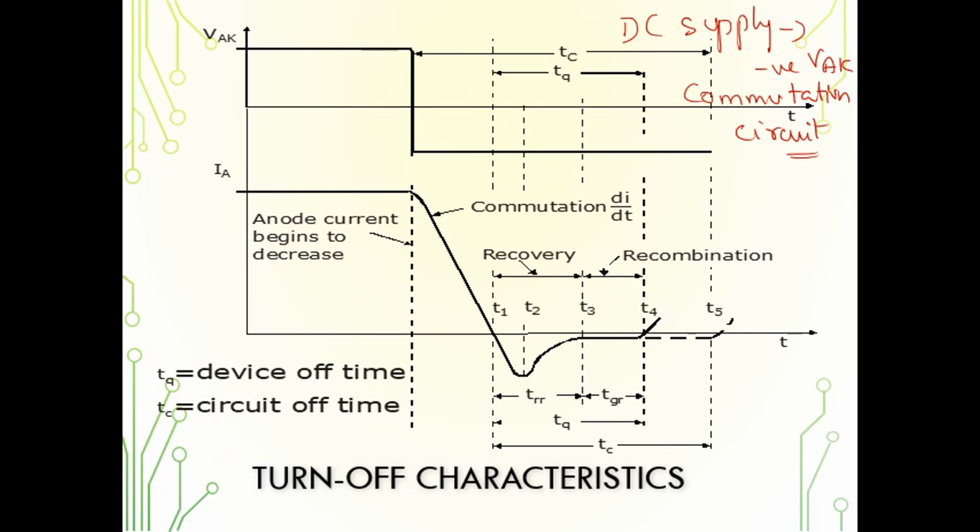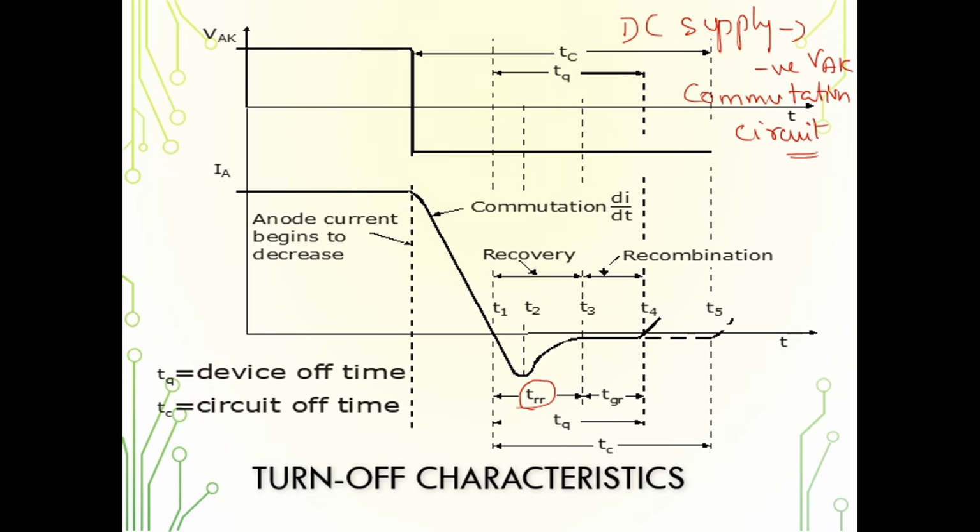The outer two junctions, J1 and J3, will exhibit the reverse recovery time, which is TRR. You can observe the recovery current is at its negative peak and slowly the current reduces to 0. Then you can see a recombination time, written as TGR.